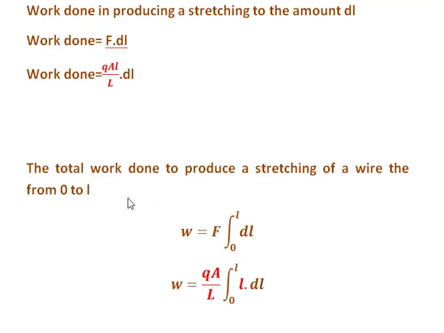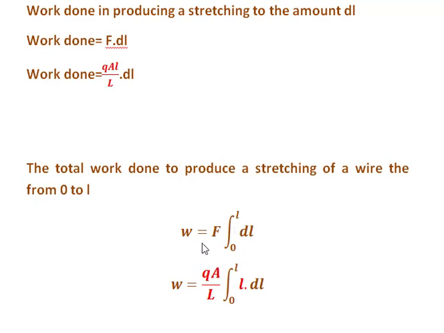So the total work done to produce a stretching of the wire is from the limit 0 to l. If there is no force applied, the stretching is 0. On applying the force, it extends to the length small l. So we are integrating from lower limit 0 to upper limit l.